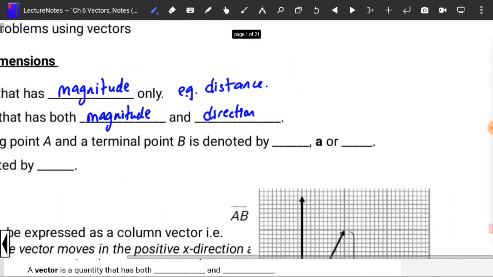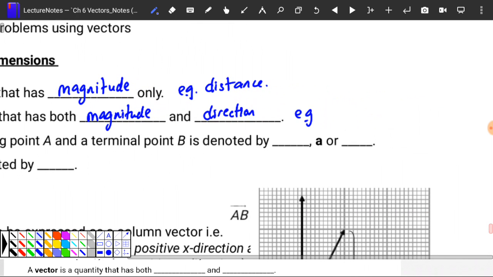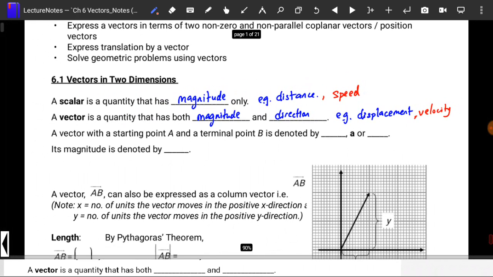Of course, the example will be displacement. Now if I want you to give more examples, what will you give for distance? Scalar is speed. Vector is velocity. So you get an idea. Basically just get an idea.